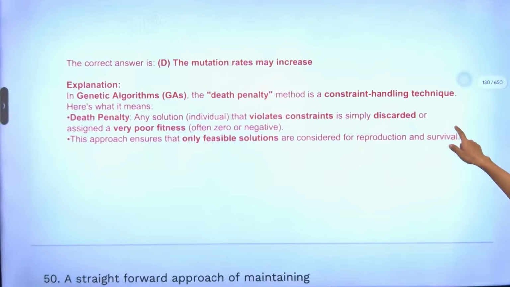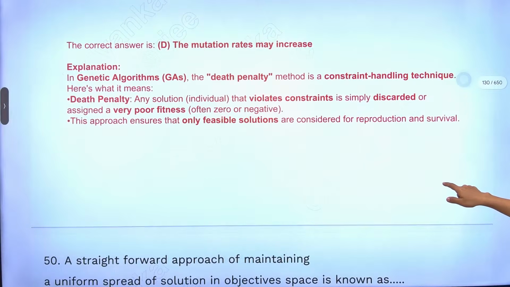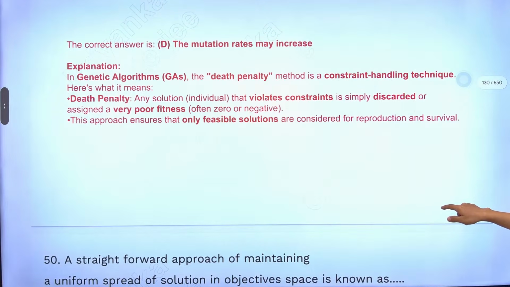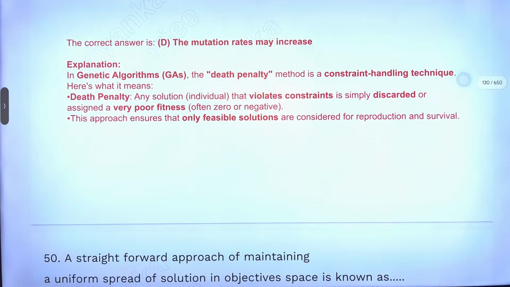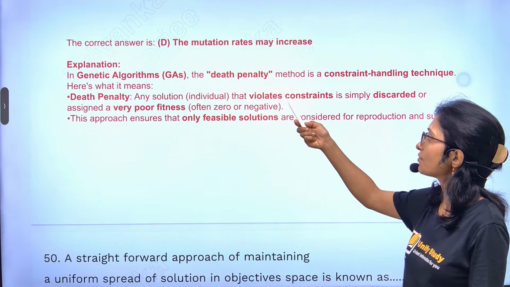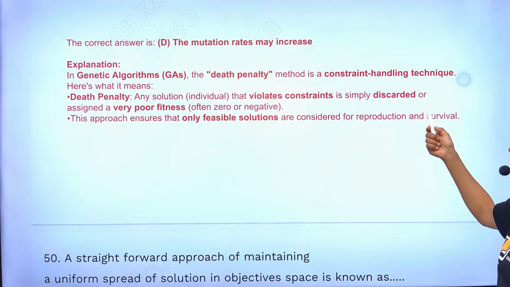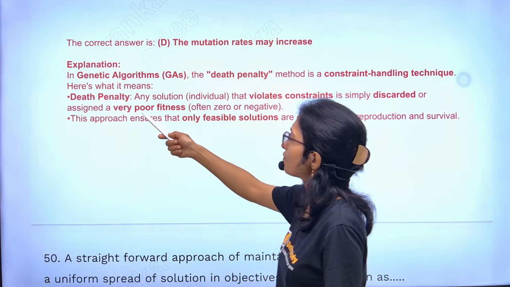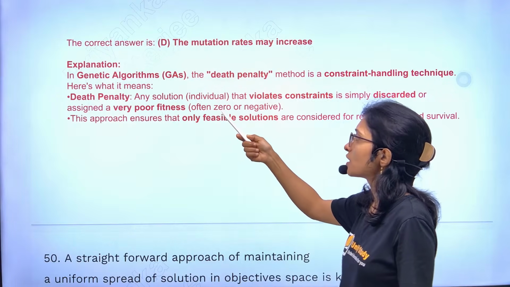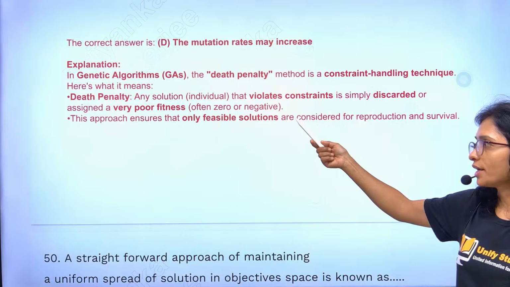So here the genetic algorithm death penalty method is a constraint handling technique. The death penalty means any solution, that is individual, that violates the constraint is simply discarded or assigned a very poor fitness, often 0 or negative.